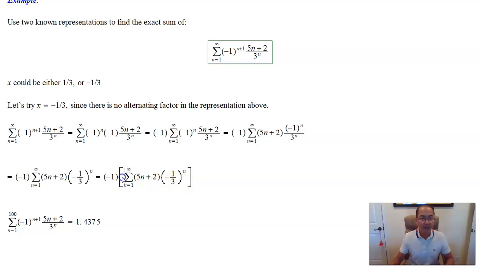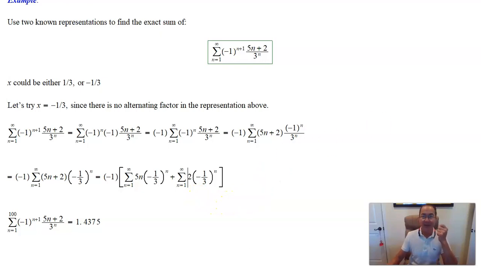I prefer square brackets because Maple looks kind of ugly when you use round parentheses. Square brackets are more elegant. Okay, so we will break this up into the 5n term and the +2. Okay, so there you go. 5n plus 2, quantity minus 1/3 to the n. Separate the 5n and the +2. You now have two infinite series.